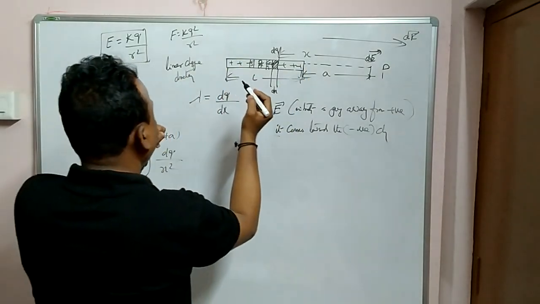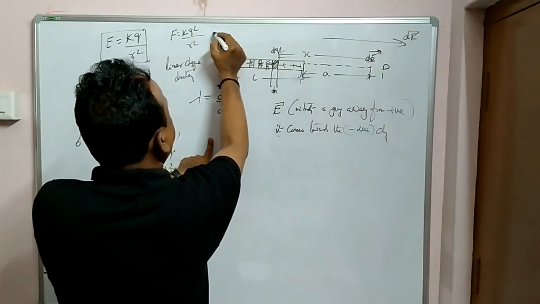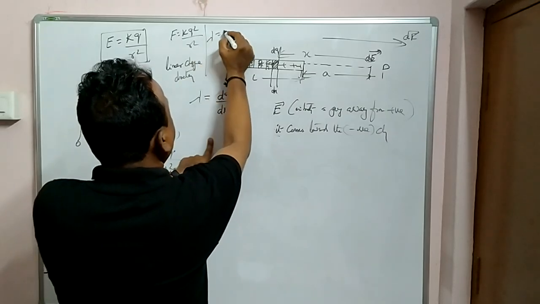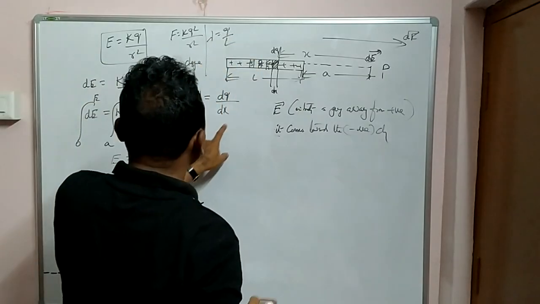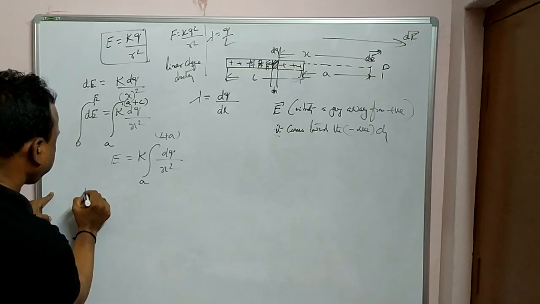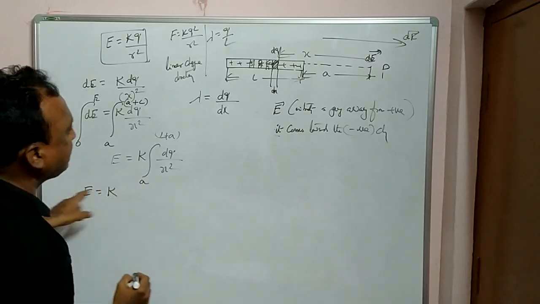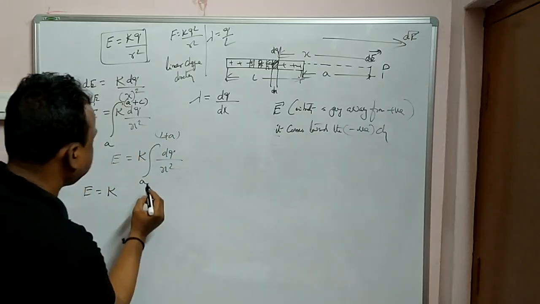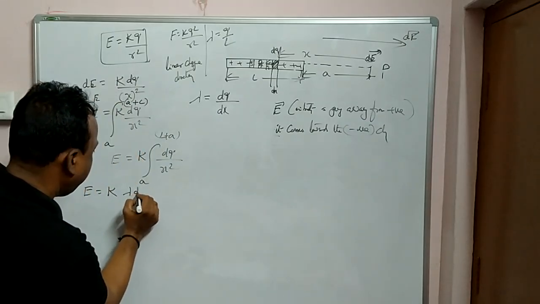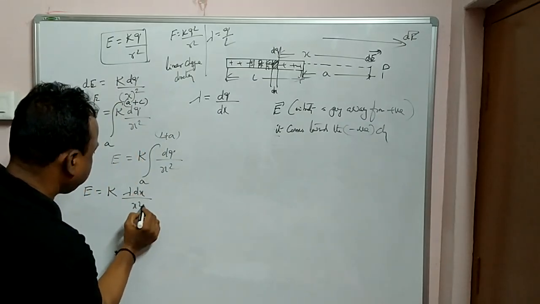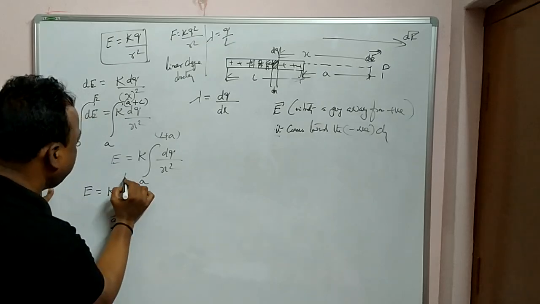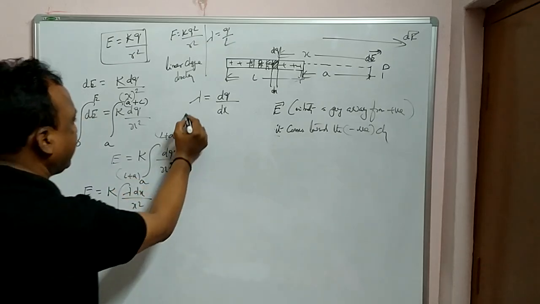For this whole rod, I can write lambda is equal to Q by L. Now substitute here. E is equal to K, which I am taking outside, dq replaced by lambda dx, by x square, integral a to a plus L. Clear?